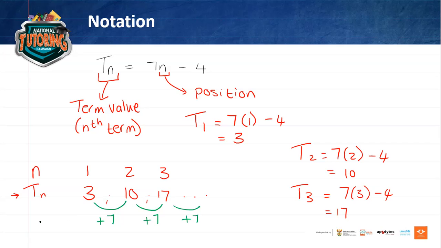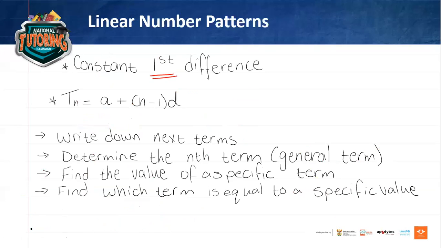So this is called a first difference. It's the difference between the values of my number pattern, and we see that it is constant. So this is my first difference, and for a linear number pattern, we can see that it is constant. So that's the first thing you need to know for a linear number pattern.